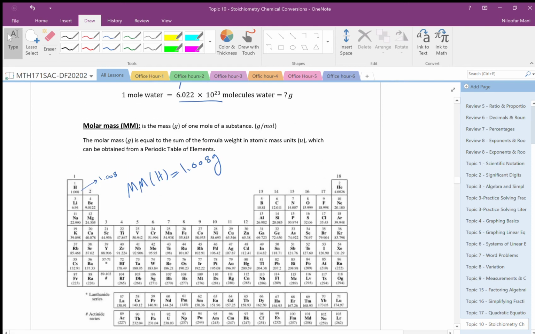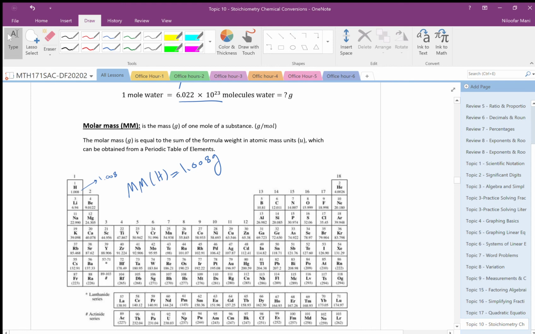Molar mass. So molar mass is the mass in gram of 1 mole of a substance. When you see a number in the periodic table, that's the number of atoms, and you see a symbol, which is the symbol for the atom. So hydrogen H, for example, carbon C, aluminum Al, and many of them that you know.